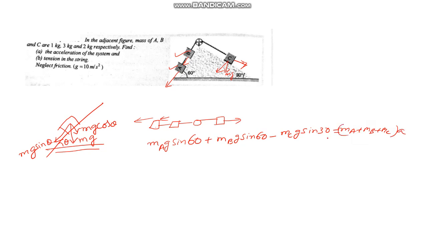So here ma value is given as 1, so 1 into g, it will become 10.